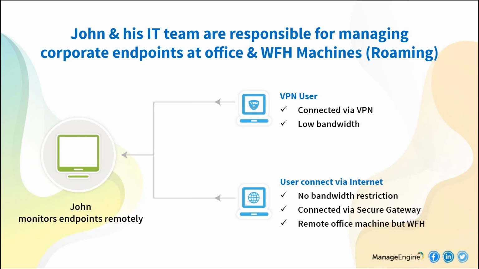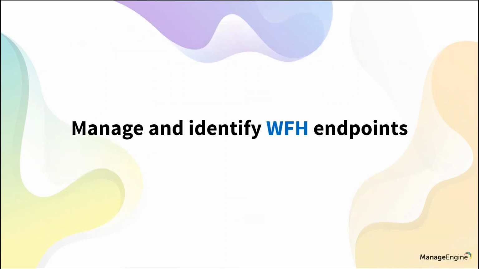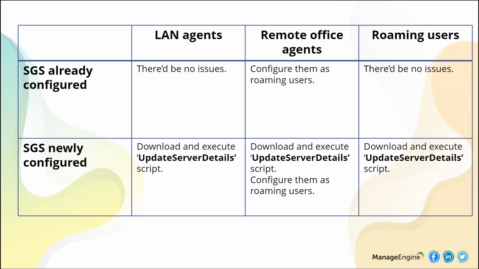Let's see how one can manage work-from-home endpoints. To explain things in a better fashion, here is a simplified tabular column. If you already have a Secure Gateway Server configured, communication of the LAN agents and the roaming users will not be an issue because the IP address of the Secure Gateway Server is already available to all the agents.